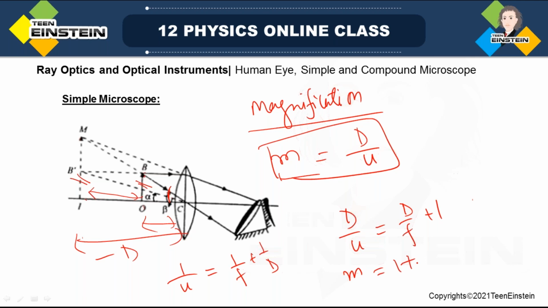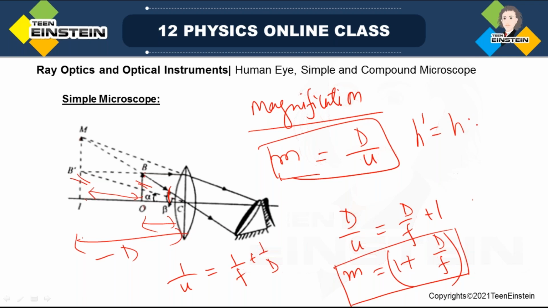D by U is nothing but magnification, so 1 plus D by F. Now look, this is the magnification. That means if you use a magnifying lens, any object can be seen as this much. If H prime is the image, then H into this particular factor will be the magnification.